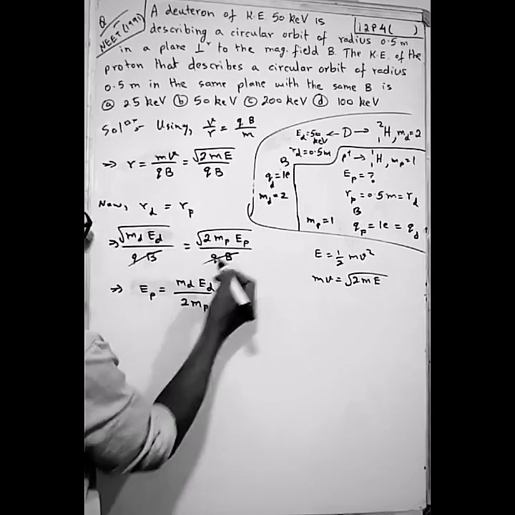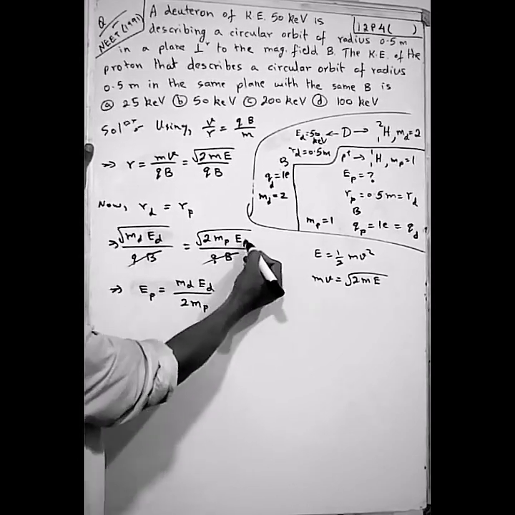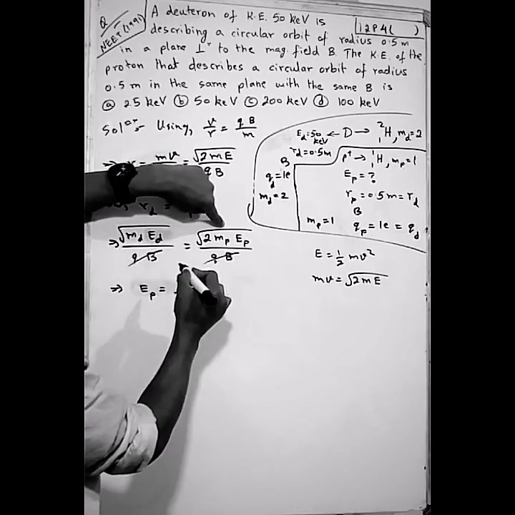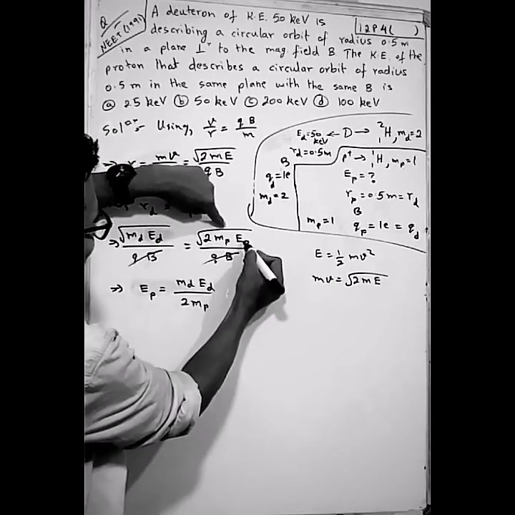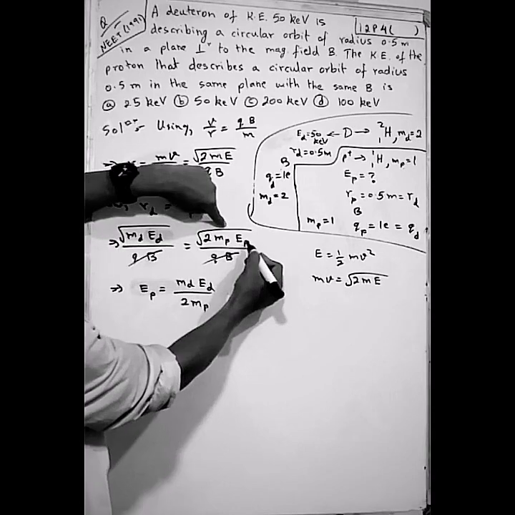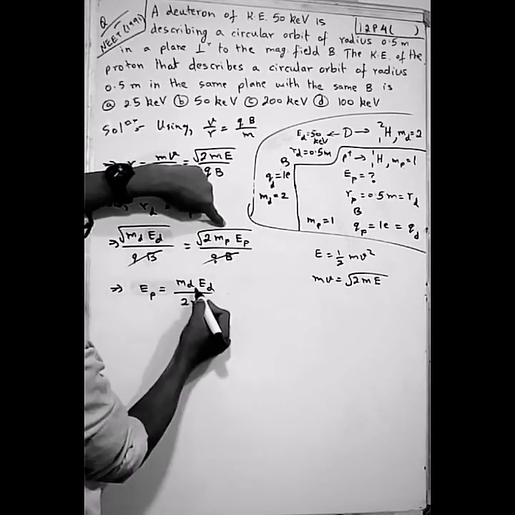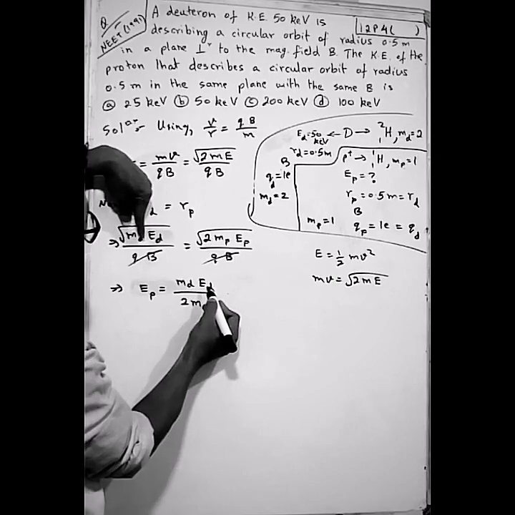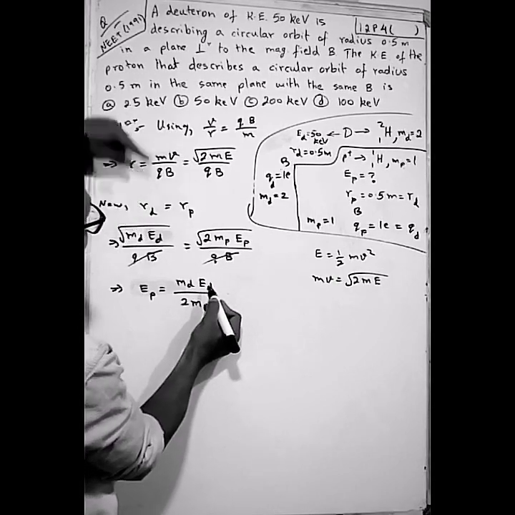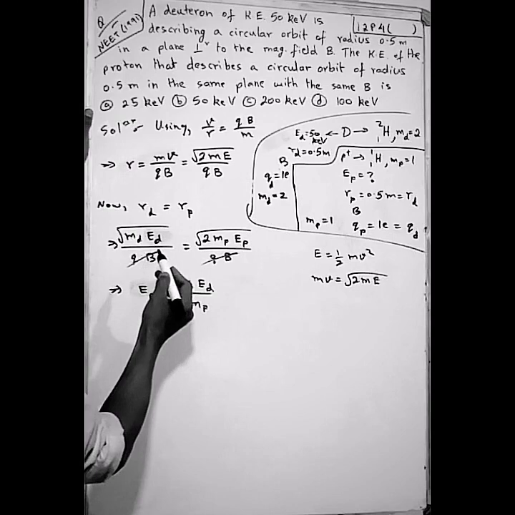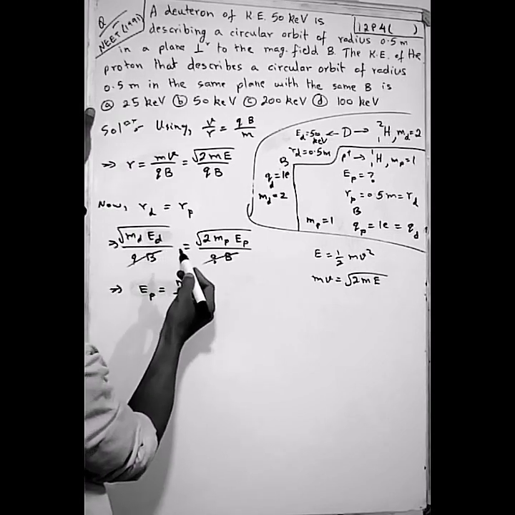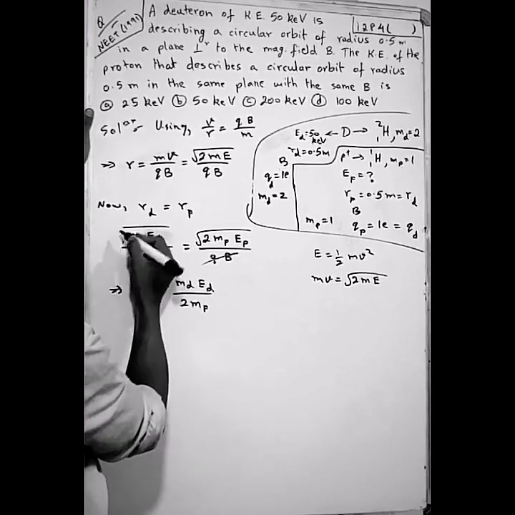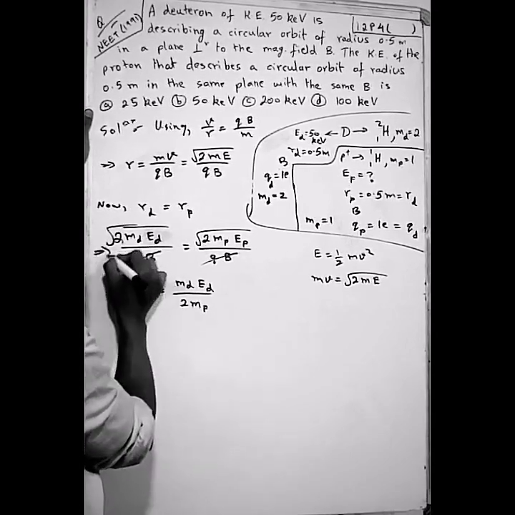Okay, let me see. Yes, this is EP. And we have, suppose we already squared both sides. Here it should be 2 MD ED. Why 2M? Because R is equal to root over 2 MD. Oh, yeah. Okay, good. That's a good point.